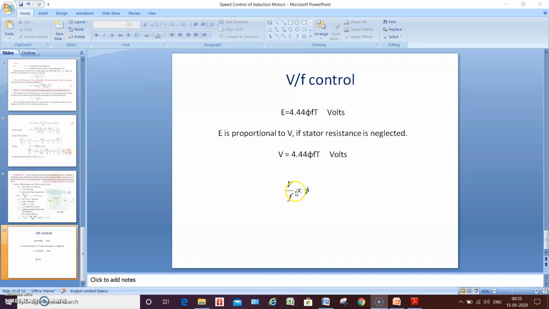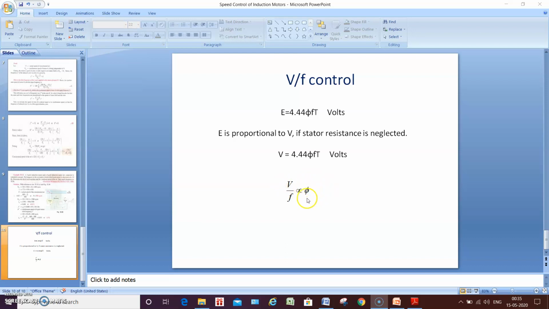Okay. Suppose you vary the voltage or frequency alone. Suppose we assume that without varying the frequency you are increasing the voltage alone, keeping the frequency constant. If you increase the voltage, the flux will increase, or if the voltage is decreased, the flux will also decrease.